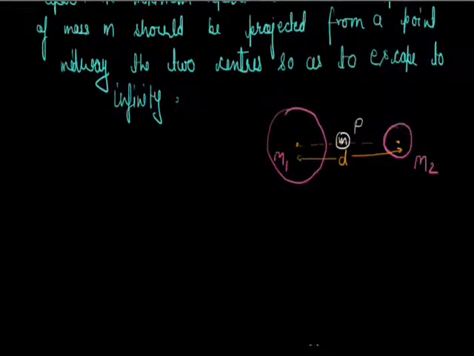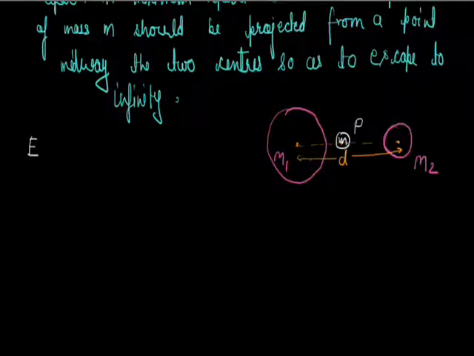Right. Now as we know that we have to find the velocity, it means we have to find its minimum kinetic energy. By energy conservation we can apply this and find out its minimum velocity. First, the potential energy of the particle m when it is placed between the two masses is, by the formula, minus GMm upon r.